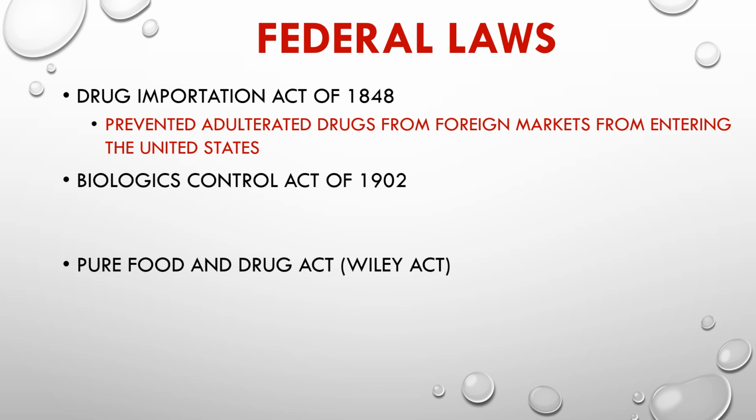And really, we're still seeing this today a little bit because of internet sales and stuff like that. Also, if you travel to another country, you can get antibiotics without a prescription. So this Importation Act was meant to try to prevent some of these drugs that weren't really sure what they were from coming into the U.S.